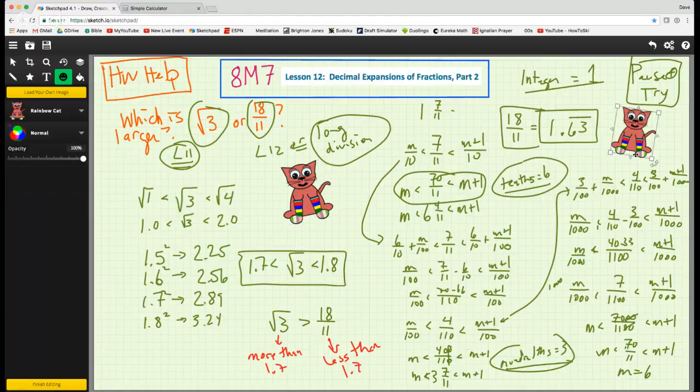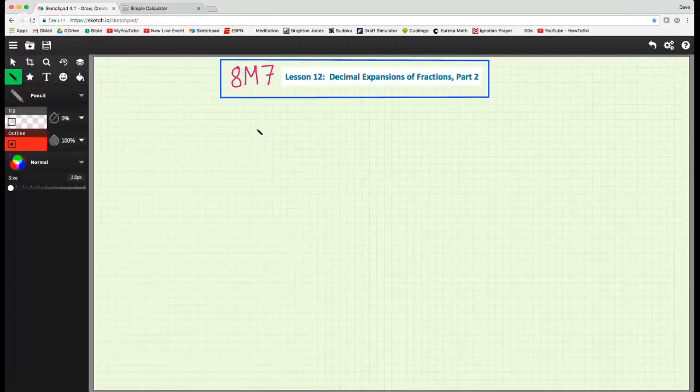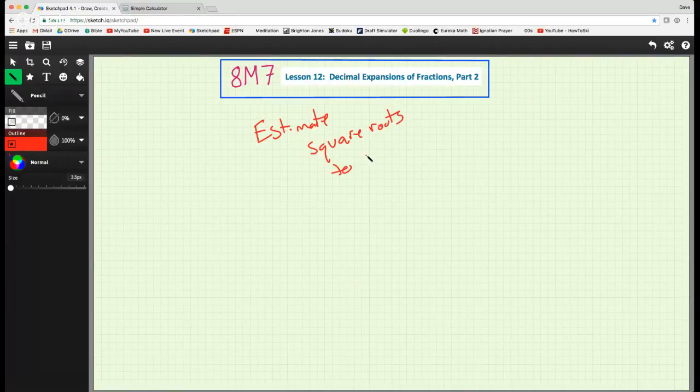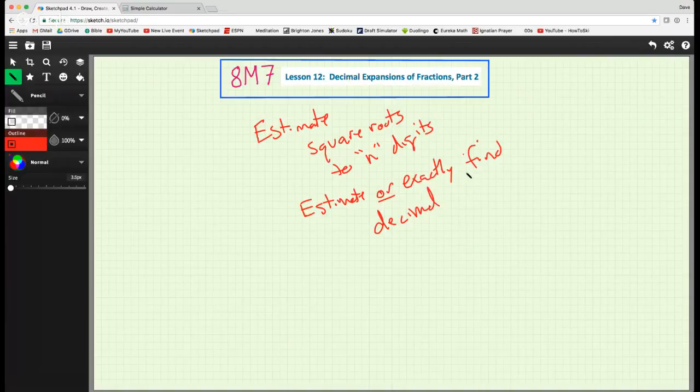So this is kind of where we're going with this unit. We're doing calculations where we can now estimate square roots to n digits. We can estimate or exactly find decimal values of fractions.